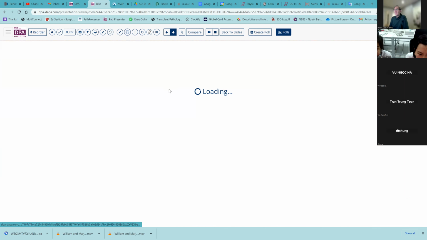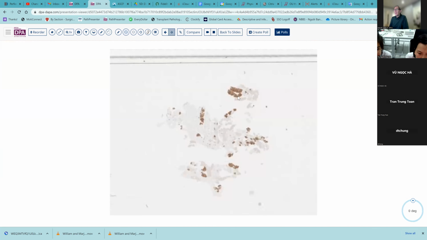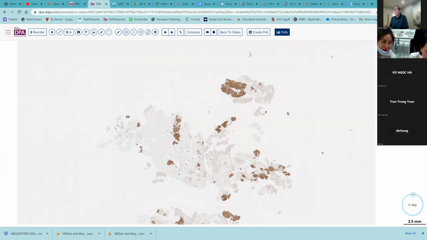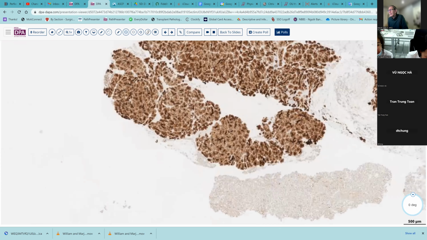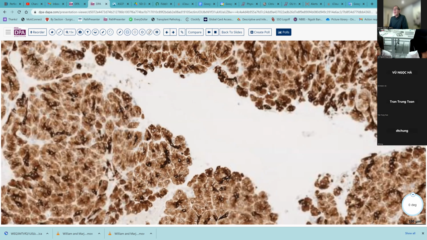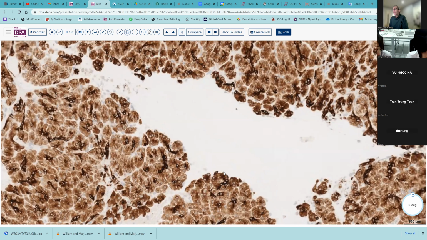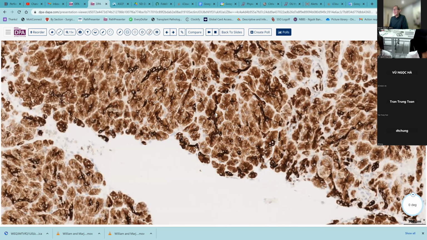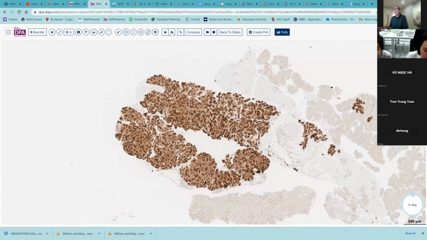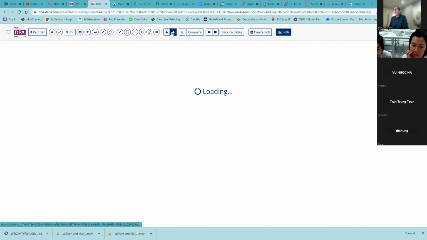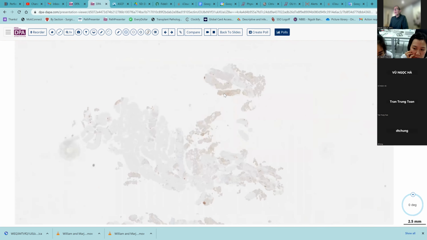But I will also point out that this tumor can be positive with, well, let's see, I think this is our trypsin stain here. So this is the negative stain in the tumor, but positive in the parenchyma. And then we also had, I think, a synaptophysin stain.